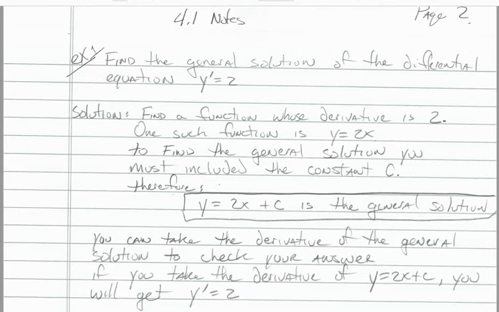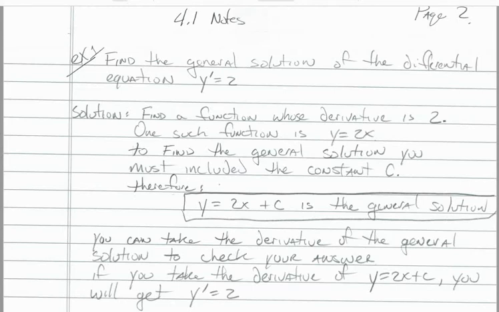So let's talk about our initial example 1. It says find the general solution of the differential equation y prime equals 2. Here I've given you the derivative, which is 2, so we need to work backwards and find what the equation of that function is. If you remember from earlier chapters, when we took the derivative of a 3x or a 5x or a 10x or a 100x, the derivative would just be the constant in front.